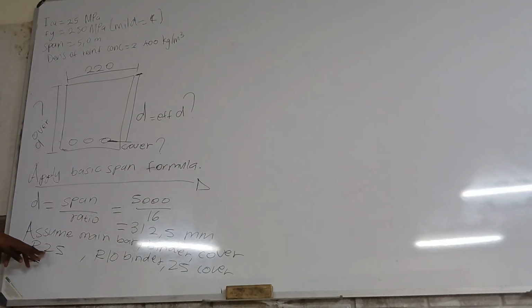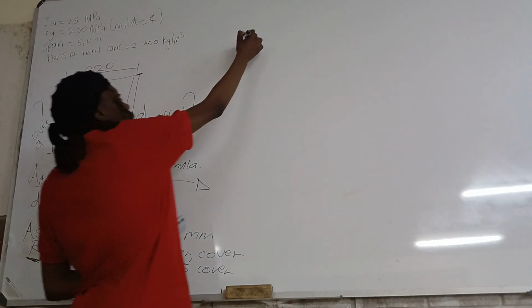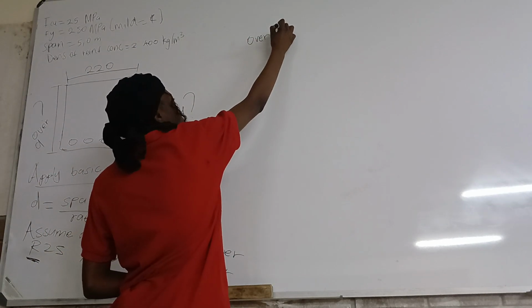The type of steel depends on what they gave you. Is it mild or is it high yield? It is mild, hence we use R25. So we need to get the overall depth now.